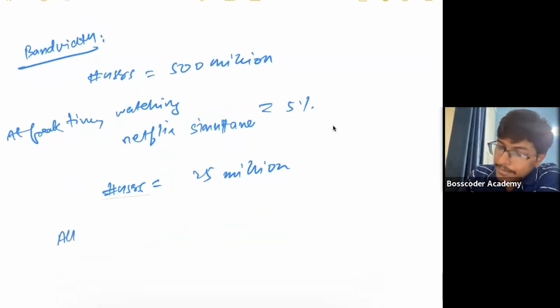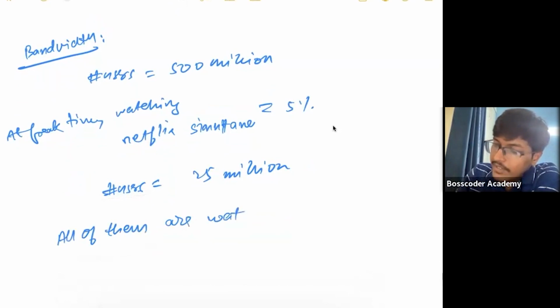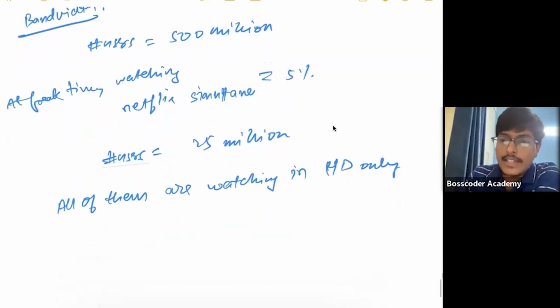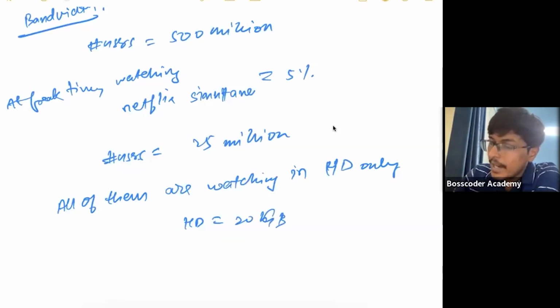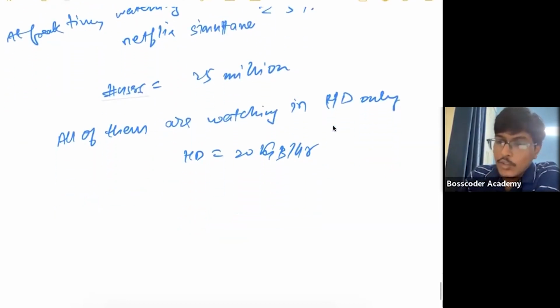Let's say all of them are watching in HD, since we are taking the worst case. HD streams at 20 GB per hour. So what is the network bandwidth that is required?